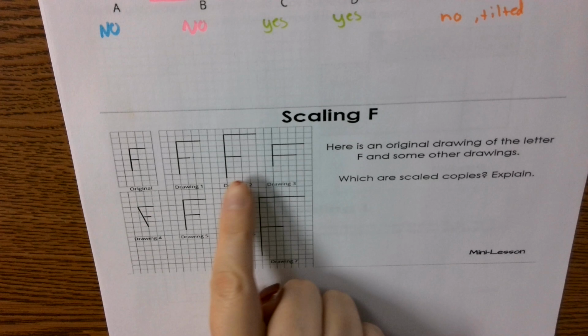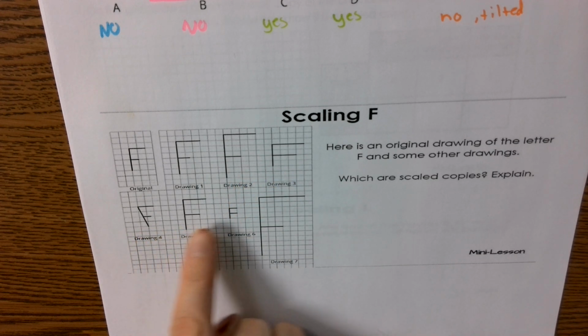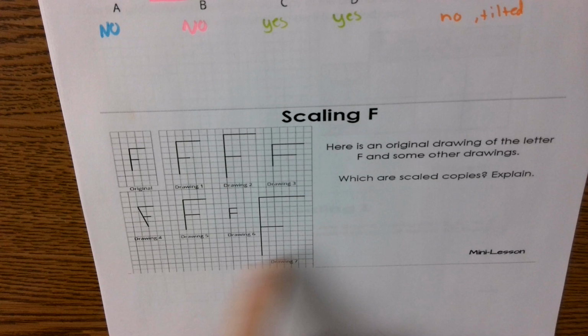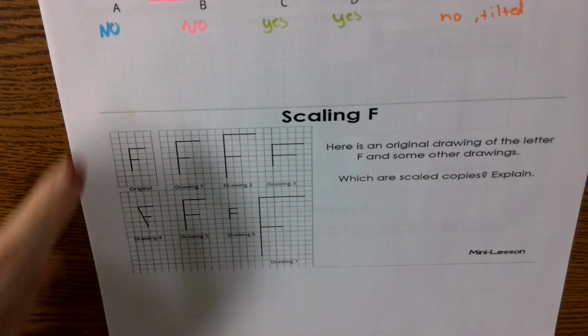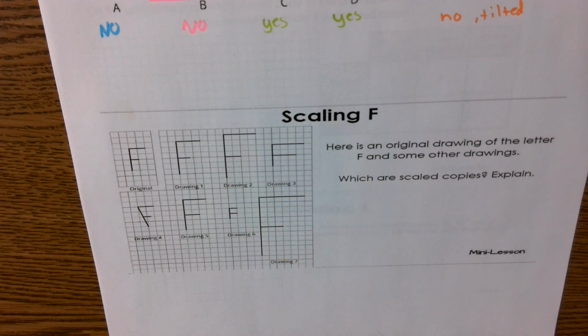So we have drawing 1, 2, 3, and then on the bottom row we've got 4, 5, 6, and 7. Only 3 of them are actual scaled replicas of the original. I want you to tell me which ones you think are the scaled copies.